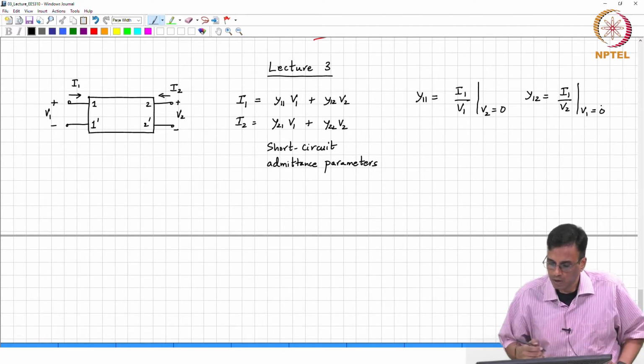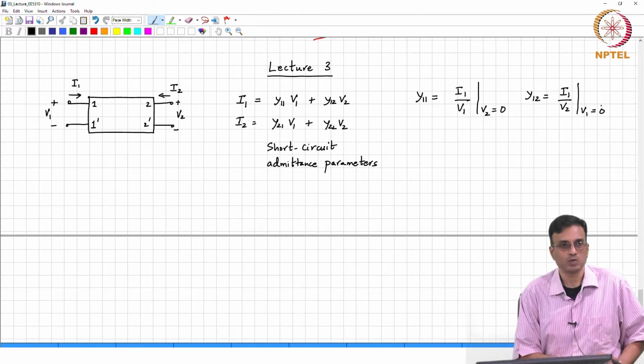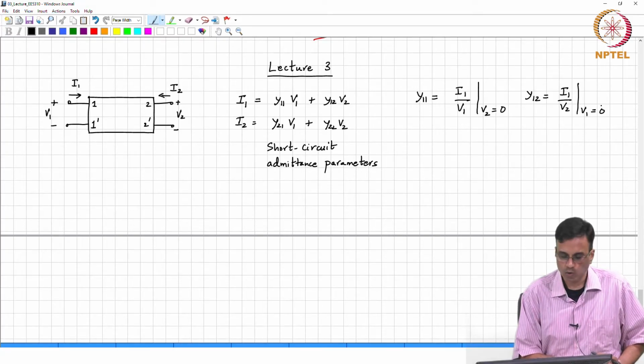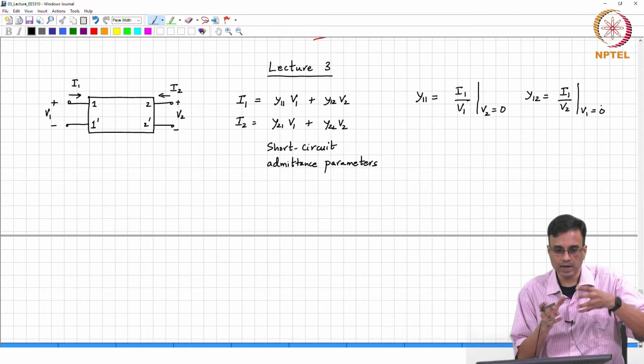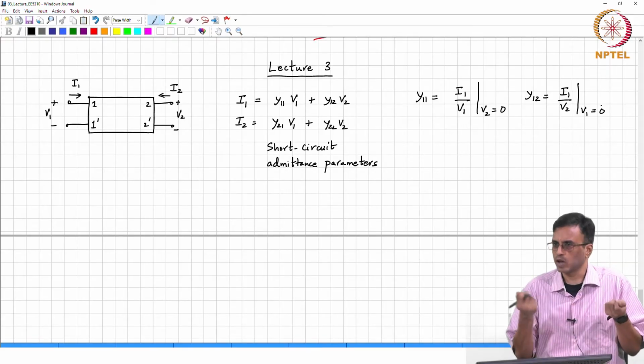As they say, a picture is worth 1,000 words. Whenever you write equations, it is often quite useful to draw a picture. But of course, if you had only a box with 2 terminals, drawing the picture is easy.